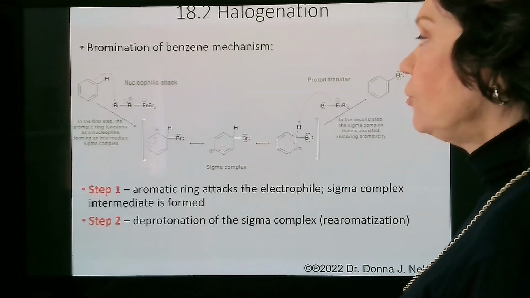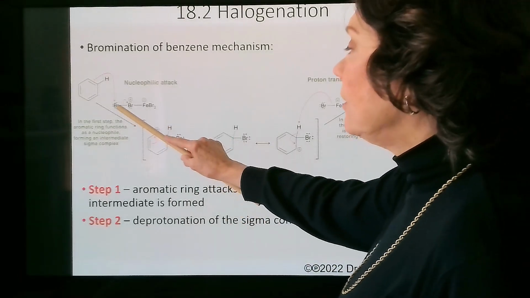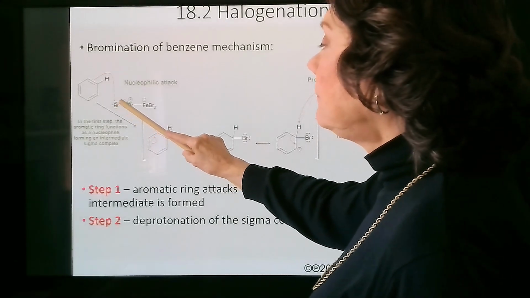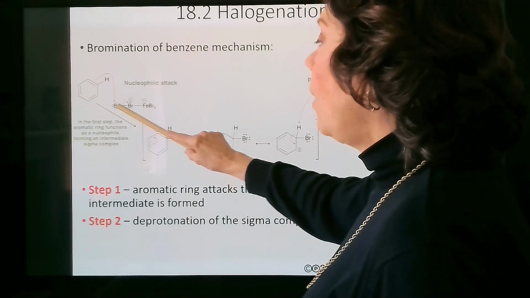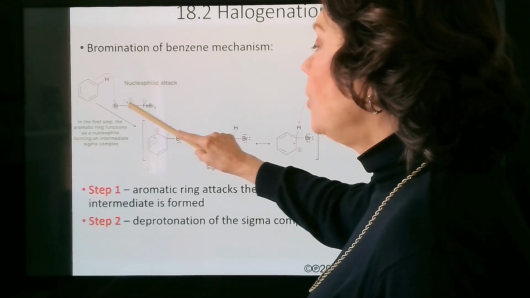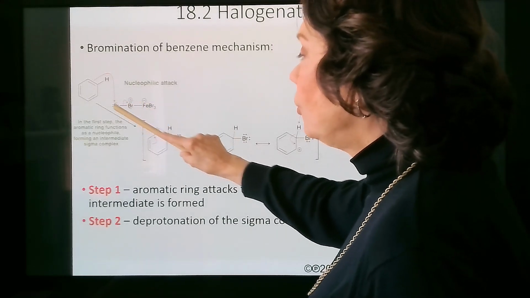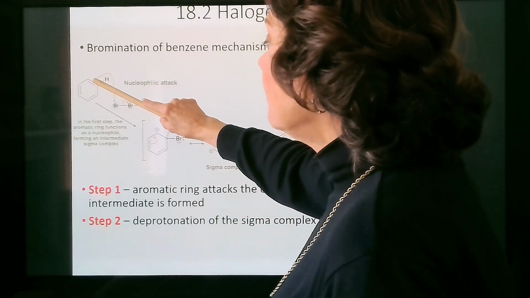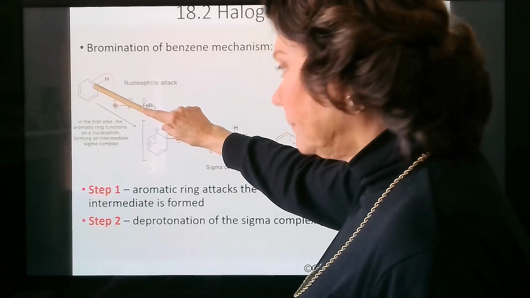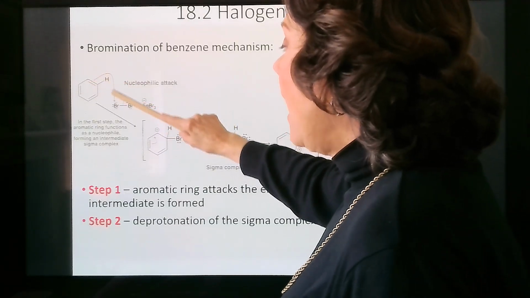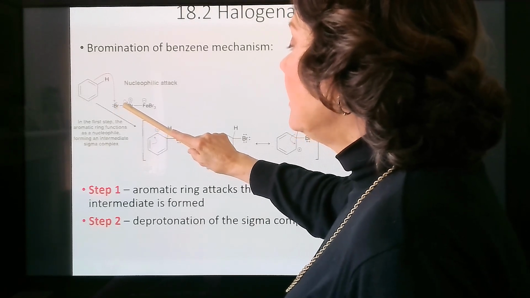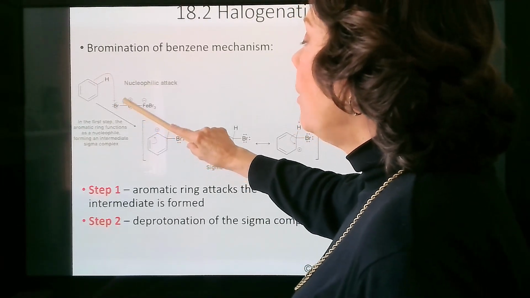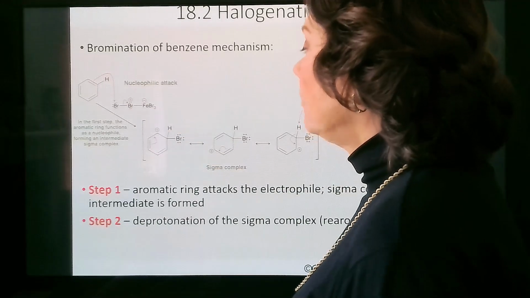So the first step, now you can see here, this is not depicted as being a salt. Here it is depicted as still being attached, and the molecular bromine is just polarized a lot more. The pair of electrons in the benzene ring attacks bromine, and this pair of electrons that is bonding the two bromine atoms together moves on to this bromine, which is bearing a positive charge.